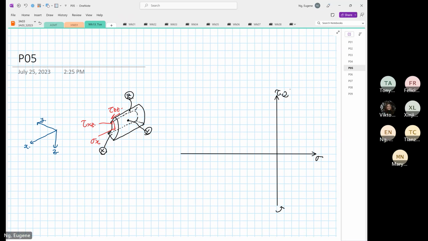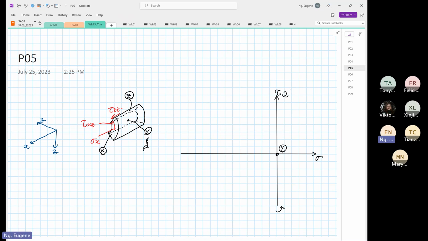So now we know that point Y has zero stress. This is our point Y. And point Z is going to have an element rotation in an anti-clockwise direction. So if we just look from here, we realize that it's rotating anti-clockwise.